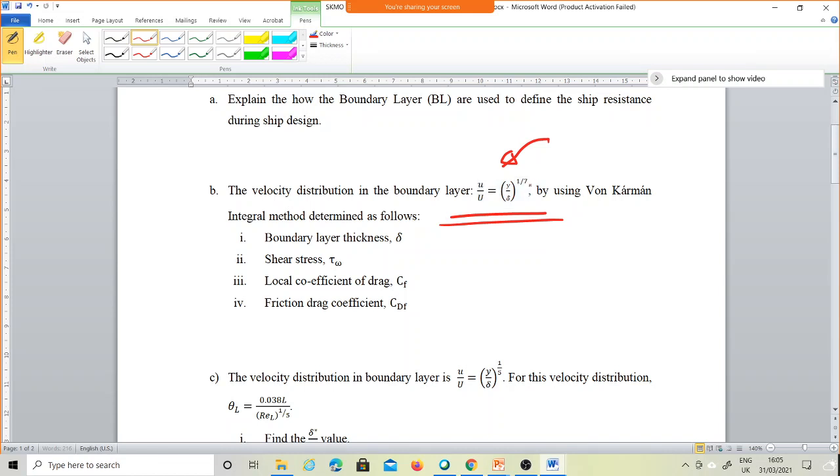This is for turbulent flow. In case of laminar flow, we consider the relationship to be maybe linear or parabolic, ax square plus bx plus c, something like that. But for the turbulent flow, we have the 1/7 power. So let's try to solve the boundary layer thickness using the von Karman integral.